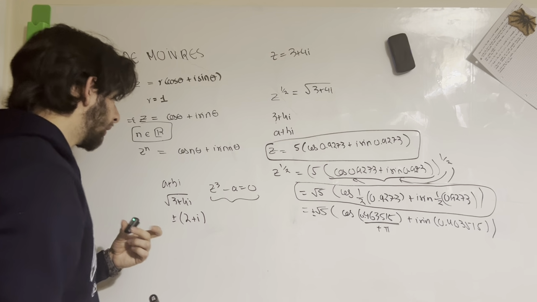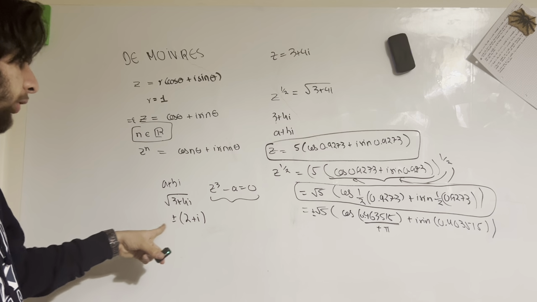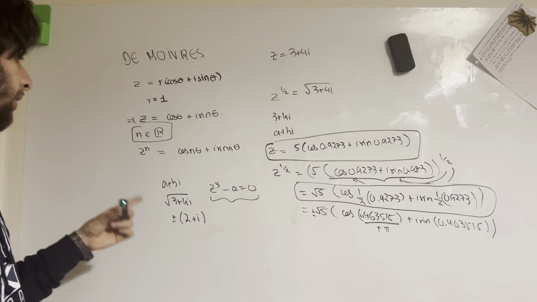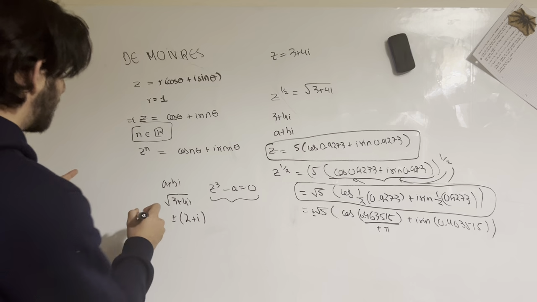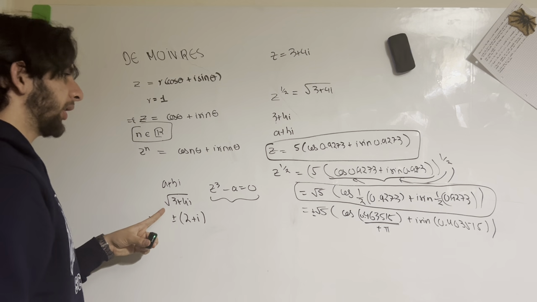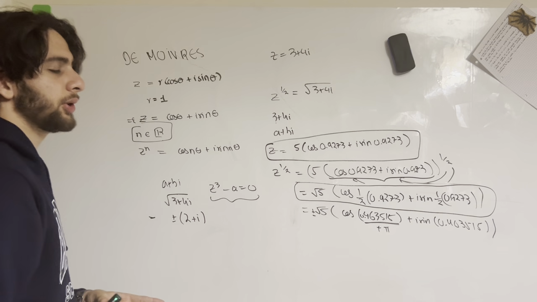Yeah. It should be this, 2 plus i or 2 minus i, something of that sort. But ultimately what you get from here are two solutions.